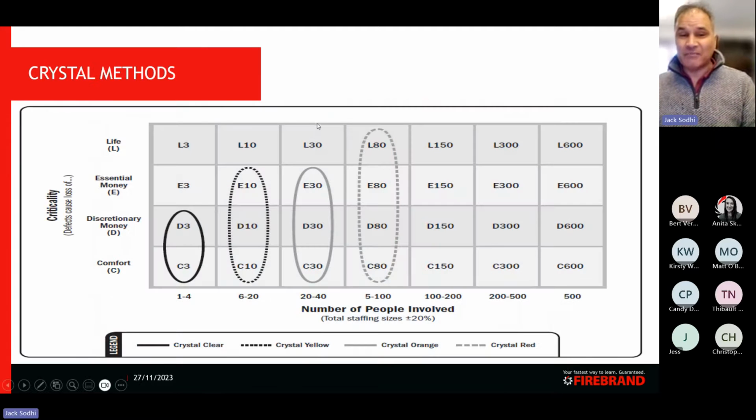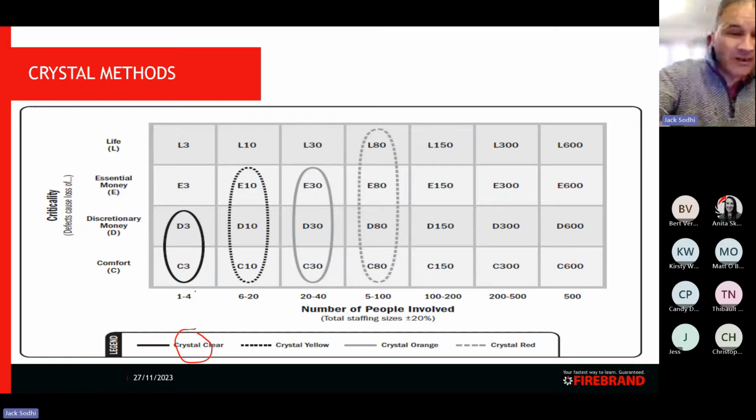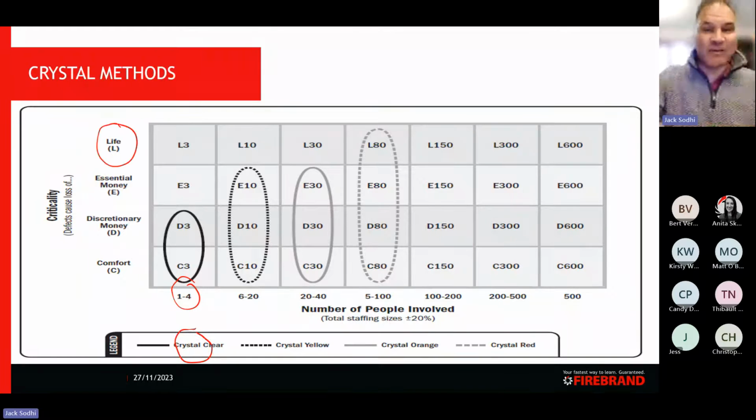And then the Crystal methods made reference to different people. So you have crystal clear, which is more like a small team, and then you've got crystal yellow, a few more people, so 6 to 20. And then you've got life-threatening projects, safety critical types, and they gave you some idea of using different crystal colors.